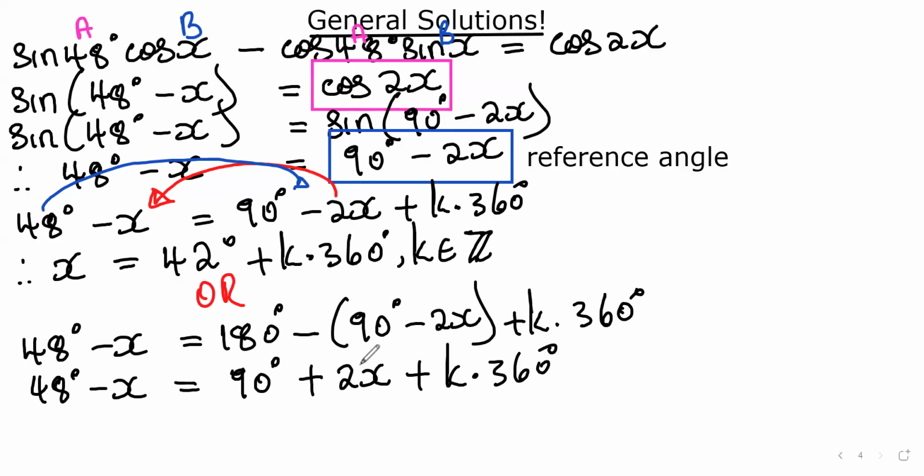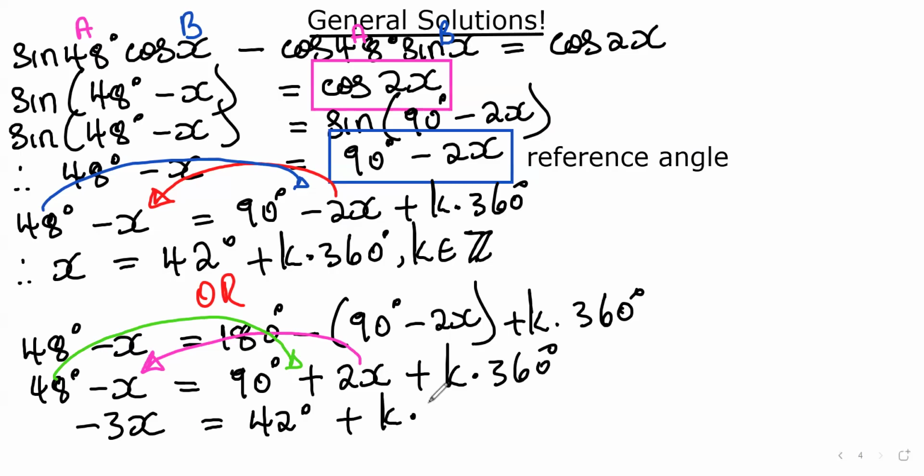Now, similarly, we take 2x to the left, it becomes negative. Negative x minus 2x is negative 3x. Then we take 48 to the right, it becomes negative, and we still get 42 once again, and we still have k times 360. The last step is to divide throughout by the negative sign, negative 3 to be exact.